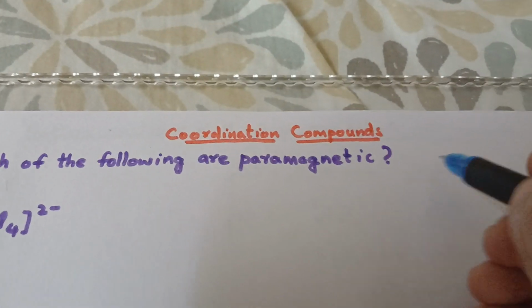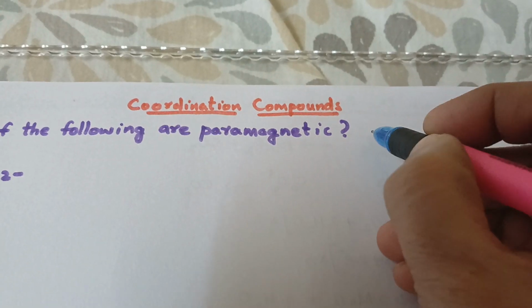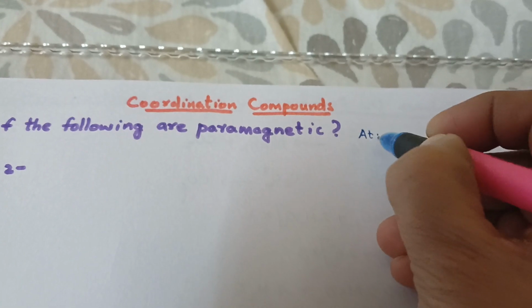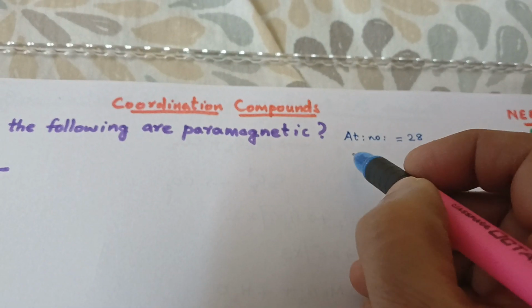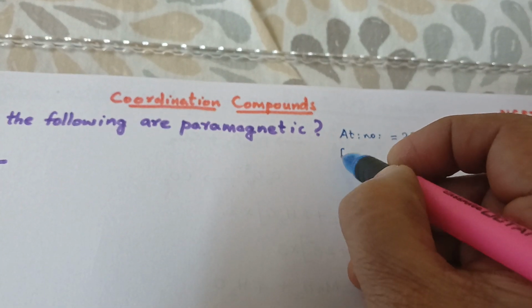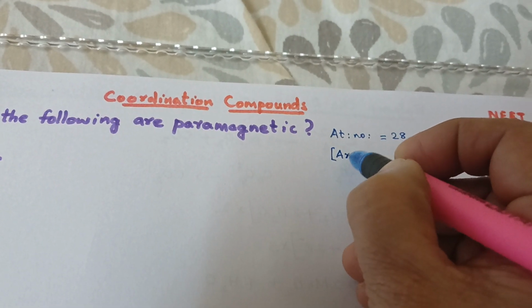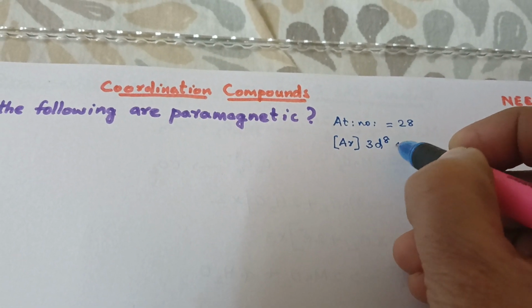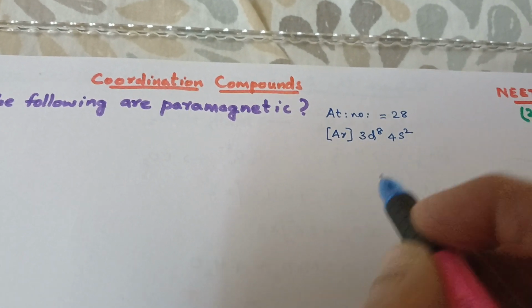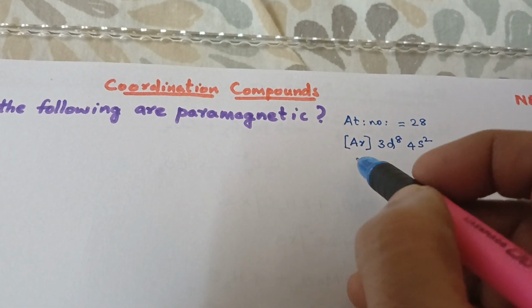Since nickel is the central metal atom, the atomic number of nickel is 28. We need to find the electronic configuration: argon, then 3d8 4s2. That is the electronic configuration of nickel.